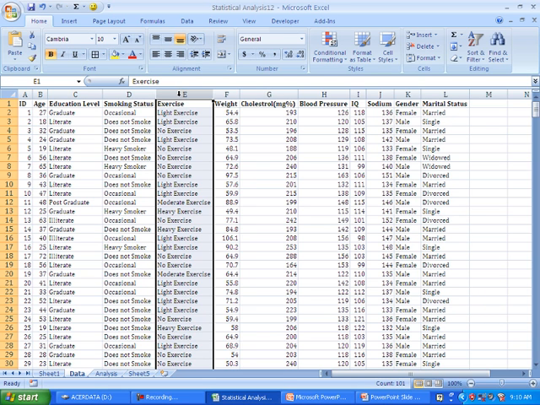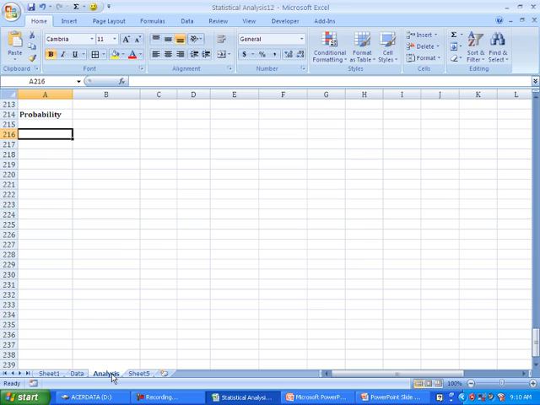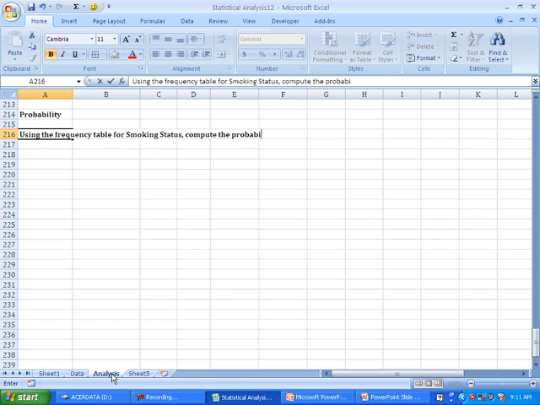So to start with, let me create a question: using the frequency table for marital status or for smoking status, compute the probabilities for each of the statuses.